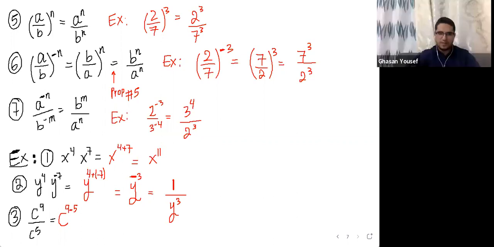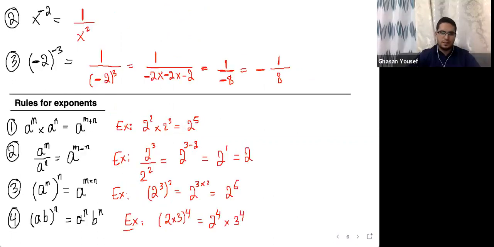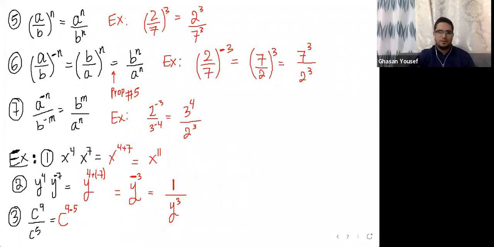We subtract because we're using the property number 2: same base, different exponent. So 9 minus 5 is 4, and this is c to the power 4. Okay, can I move to the next slide?